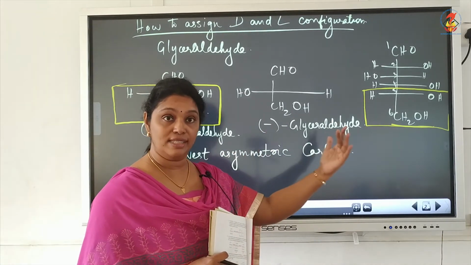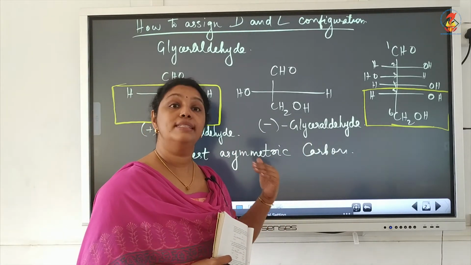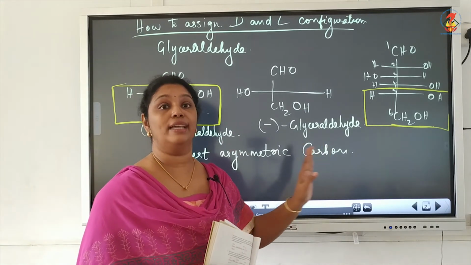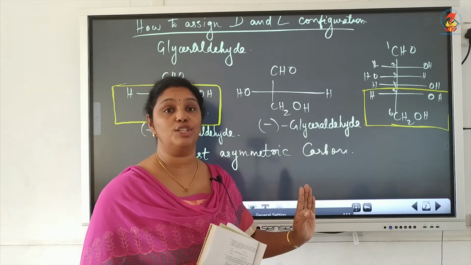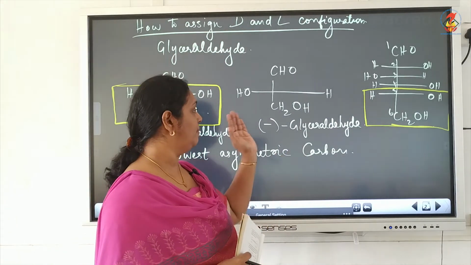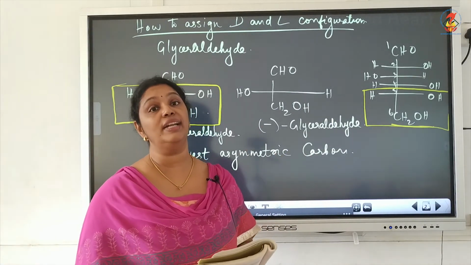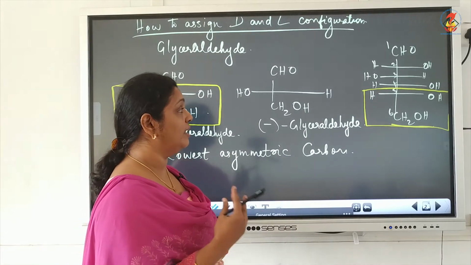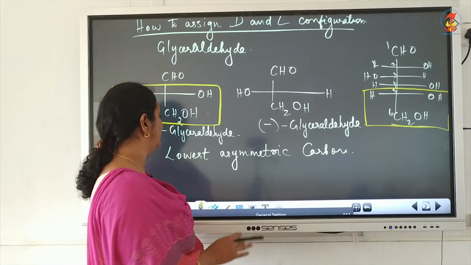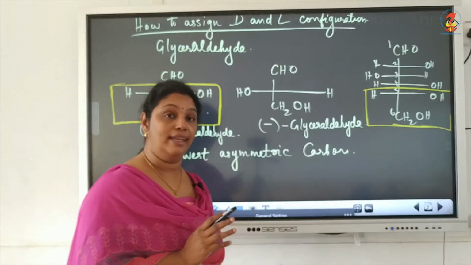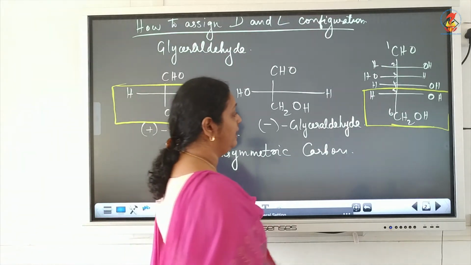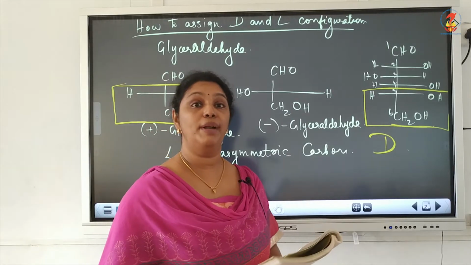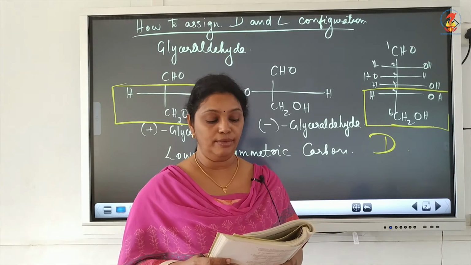If it is similar to plus glyceraldehyde, then that monosaccharide is given capital D configuration. If it is comparable with minus glyceraldehyde, it is given L configuration. In the case of glucose, it is comparable with plus glyceraldehyde, so glucose is given capital D configuration. So D plus glucose.